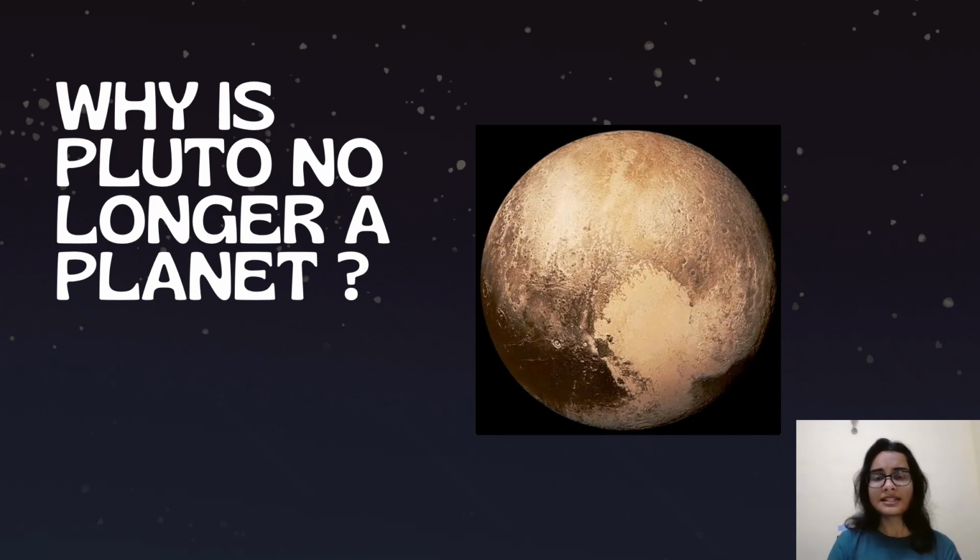It satisfies all the criteria to be classified as a planet, like it is spherical in shape and it revolves around the sun, except for one, that it doesn't clear its neighborhood around its orbit. And that is why we now have 8 planets and not 9. Pluto is now considered a dwarf planet and not a proper planet.